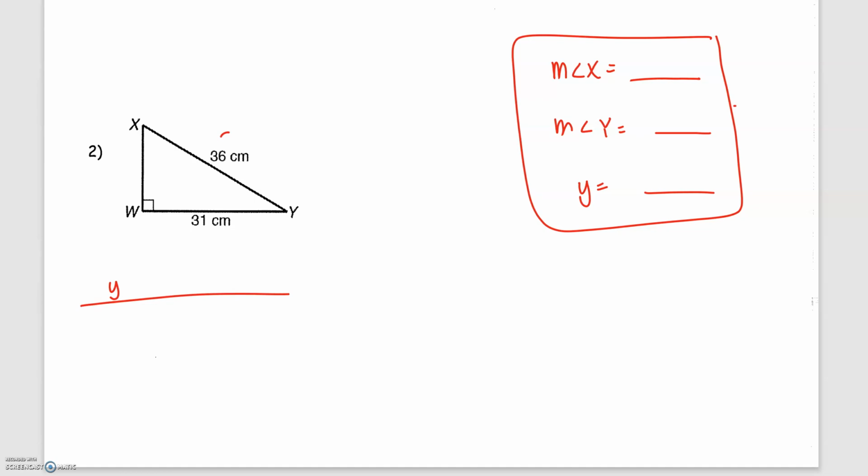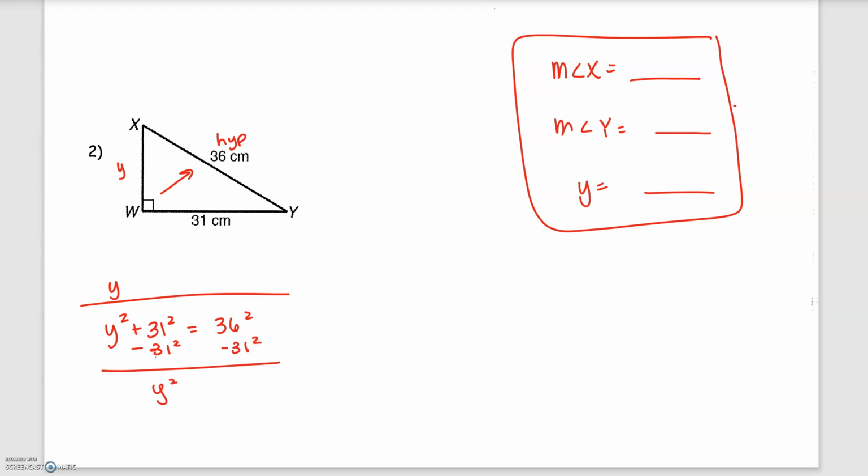This is our c, and so we need to do our little y squared plus 31 squared is equal to 36 squared. Since that's our hypotenuse, it's always the c, right, by itself. And then subtract 31 squared. Y squared is equal to 335.